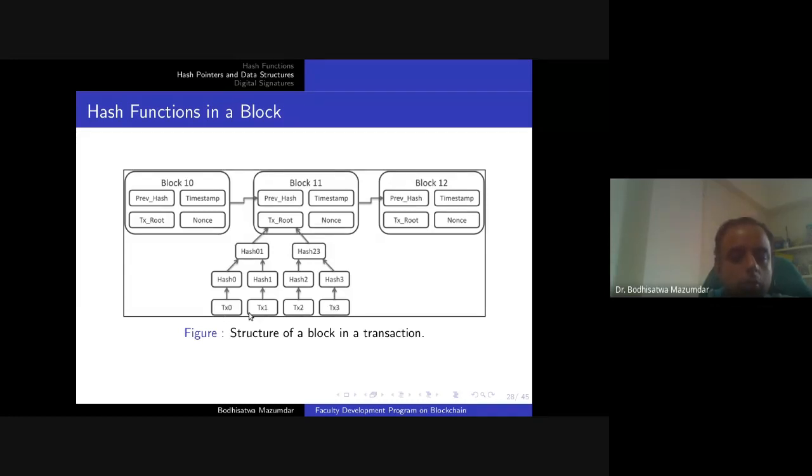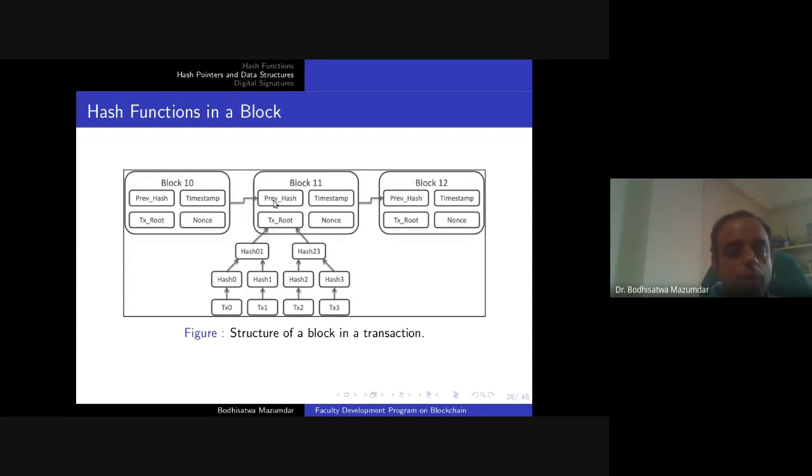For each of the transactions you have the corresponding hash values: hash0, hash1, hash2, and hash3. The hashes of 2 subsequent nodes are kept together, and the corresponding hash values are then computed. This is how a tree kind of structure is employed, and the root of this tree is stored in this block 11.